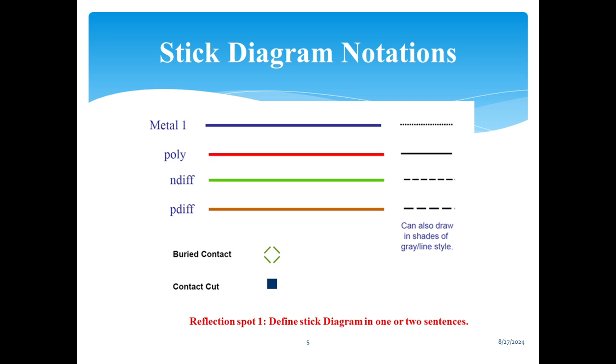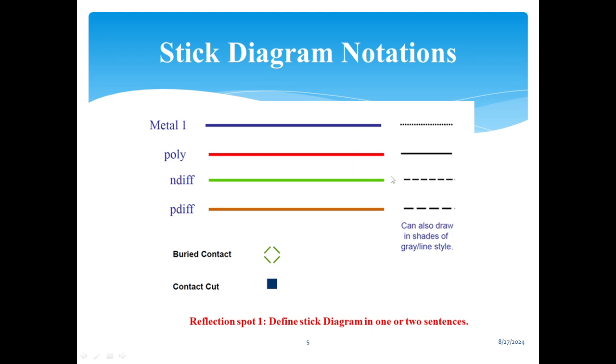Stick diagram notations. Here are the colors with which these stick diagrams are drawn. As mentioned earlier, blue color represents metal, polysilicon is represented by red color, N diffusion is represented by green color, and P diffusion is represented by yellow color.